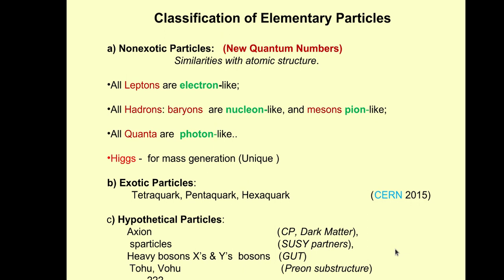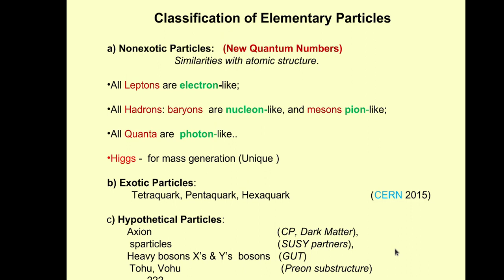Then there are exotic particles, as I mentioned. Even though theoretically people expected tetraquarks, because probably you know already that baryons are made up of three quarks, tetraquark states, pentaquark states, hexaquark states have also been seen at CERN. Though theoretically we expected that maybe they can exist, we were not sure. But now we have experimental evidence for them.